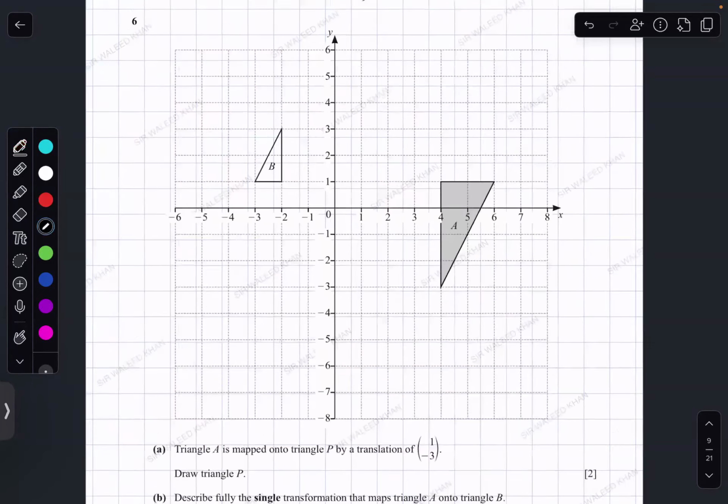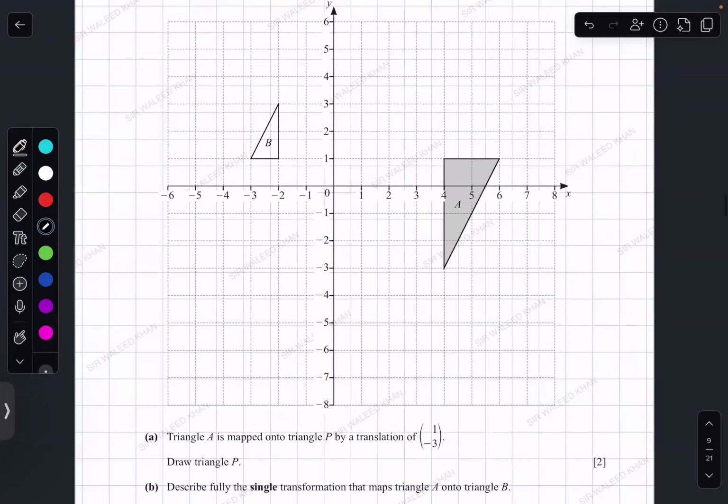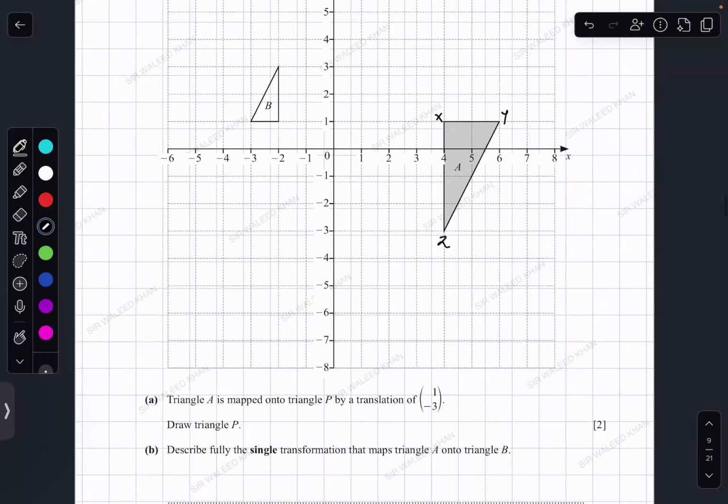If I label the vertices over it, let's say X, Y, and Z. That means this vertex X will be moving 1 towards the right and 3 places downwards. Okay. So 1 towards the right and 3 places downwards. 1, 2, 3. Your X prime will be over here.